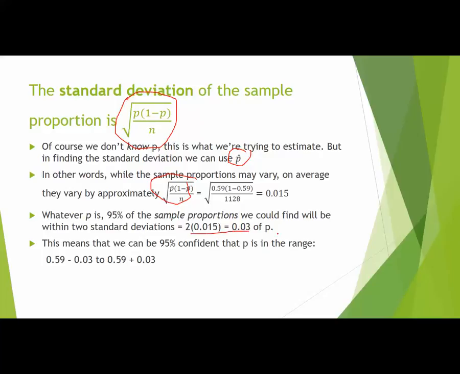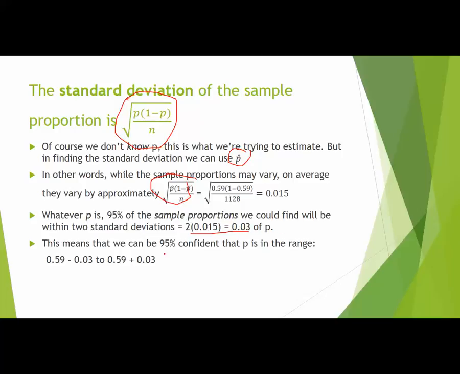So remember, p is some unknown number that we're trying to estimate. 95% of the sample proportions, because it's a normal distribution, are within 2 standard deviations of that. Well, our sample proportion was 0.59, so it's probably no more than 0.03 away from the p we found.